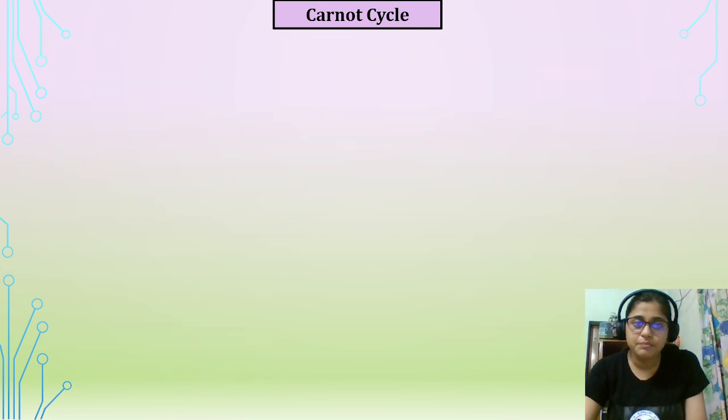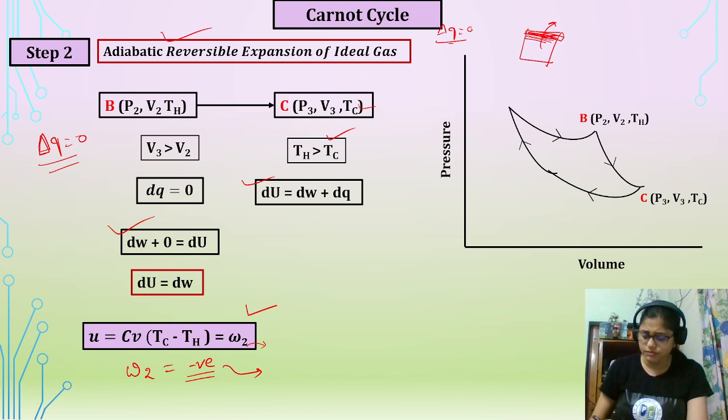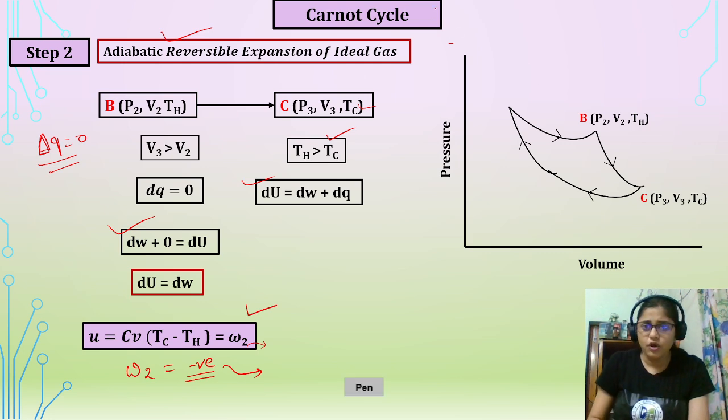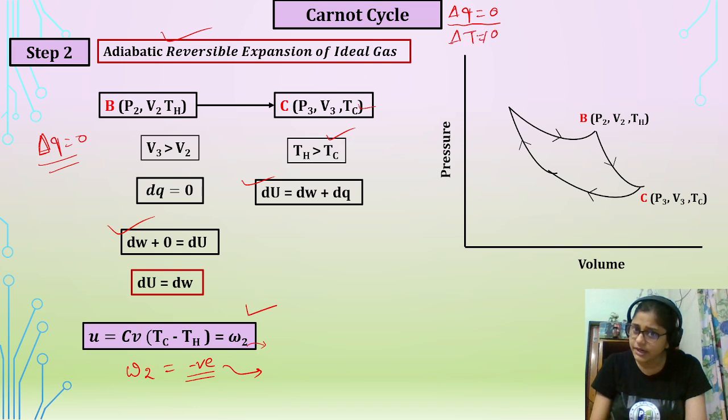Now what we got here, just write that. First, delta Q is 0, fine. Delta T is not 0, but cooling takes place, fine. As delta Q is 0, delta U will be equal to delta W, and we know these values.